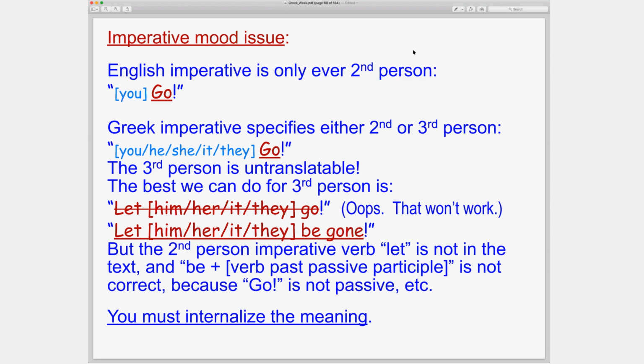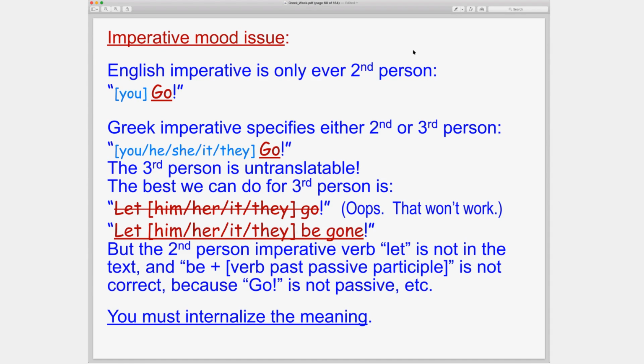There's an issue with imperative mood that I touched upon before. In English, it's only ever in the second person. Go. Okay, the subject is you. You go.